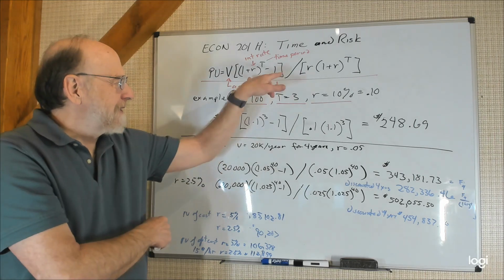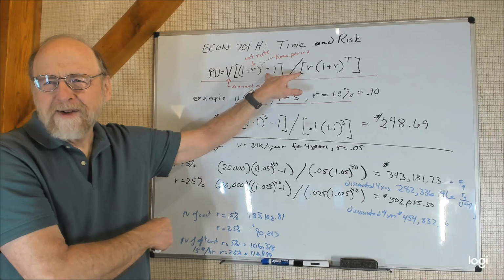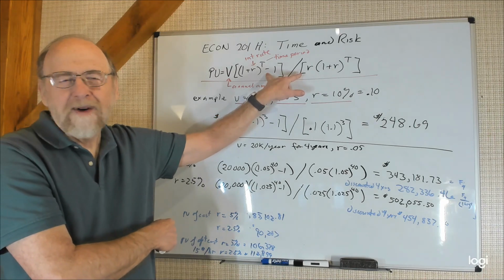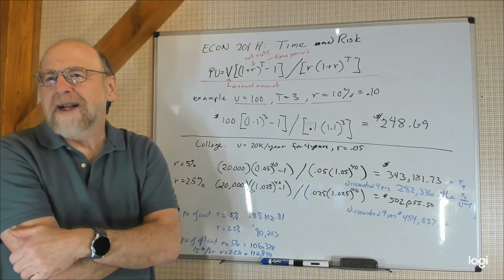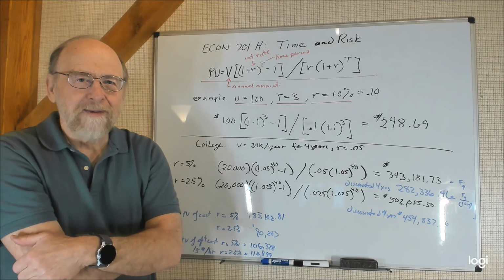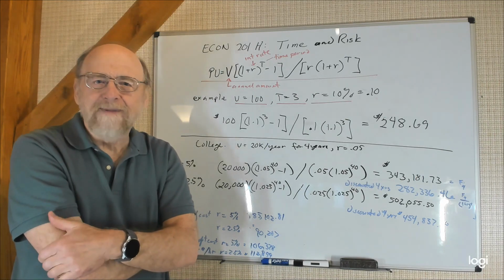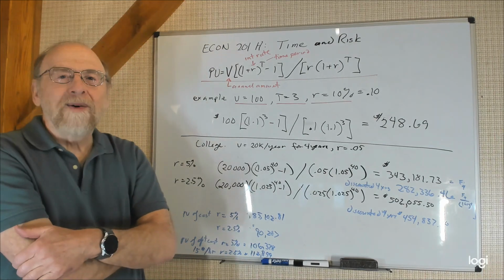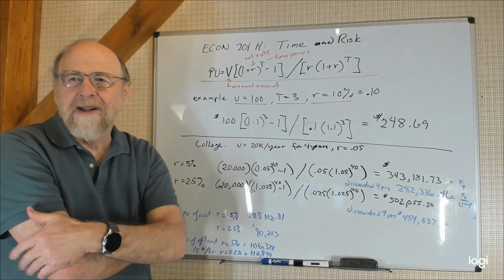And they might use a different interest rate than the interest rate on your loan, maybe a little higher to account for the risk of default. And they would calculate the present value of that loan, and they would say, okay, that's what it's worth to me. That's the most I would pay for it if I were buying it from another bank or some other kind of financial firm.